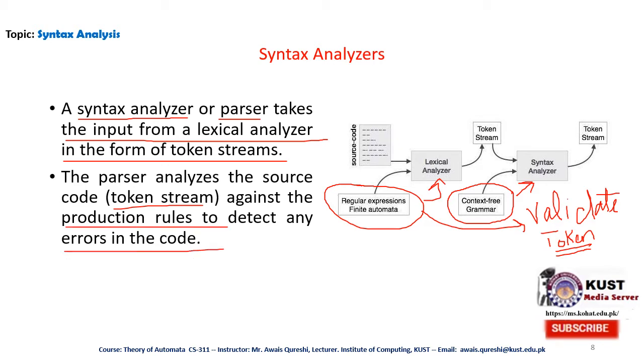So the parser always keeps a dictionary of production rules which are very necessary to detect any errors in the code, because without the production rules the parser cannot analyze the source code. With the help of production rules, the parser analyzes the source code and detects any errors in the code. Here the term error means syntax errors.